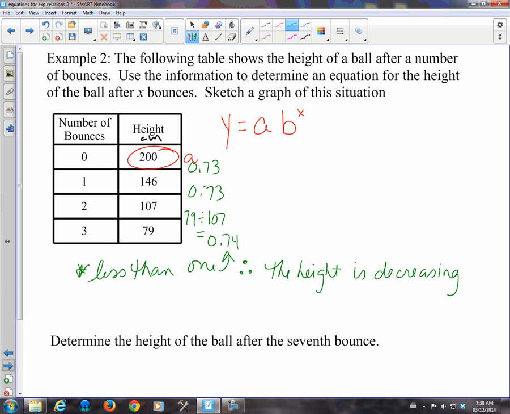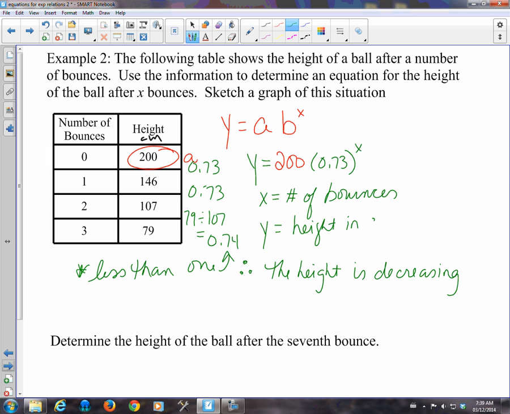So if I write my equation now, I have y equals, my a value is 200. I'm multiplying by 0.73, and I have my x. And if I go back to my table, my x is the number of bounces, and my y is the height in centimeters, the x and the y.